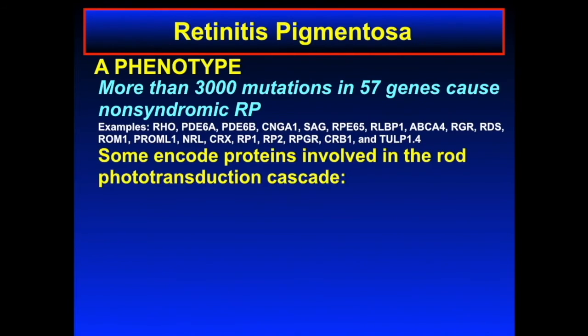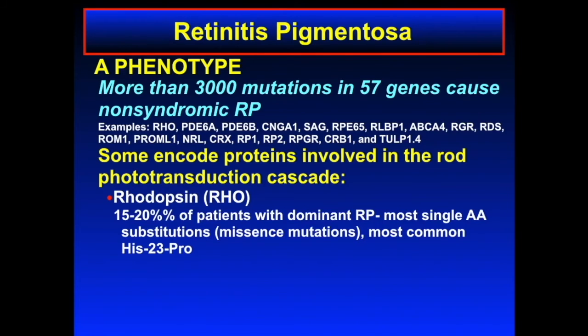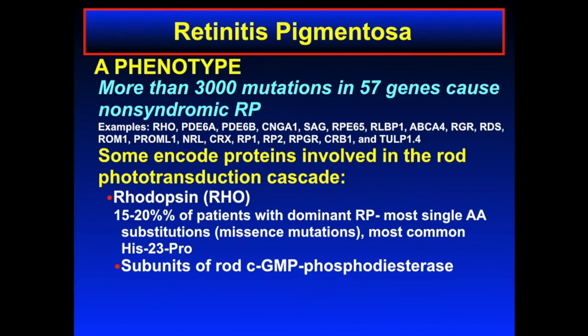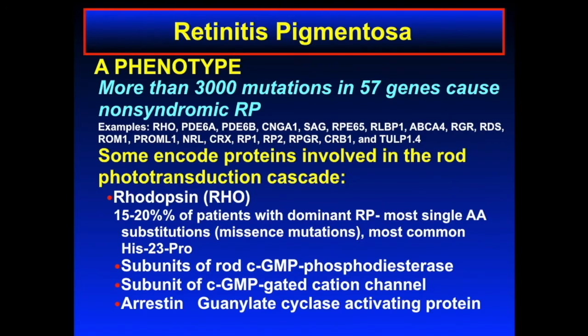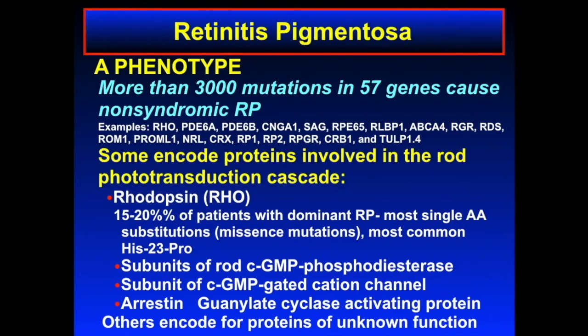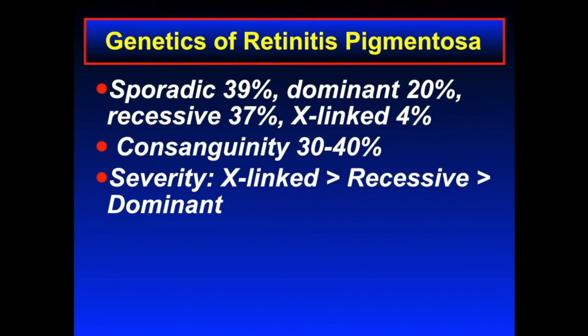Some of these encode proteins involved in rod phototransduction, like rhodopsin, responsible for 15 to 20% of patients with dominant retinitis pigmentosa. And we have things like rod cyclic GMP phosphodiesterase and cyclic GMP gated cation channel, arrestin, guanylate cyclase activating proteins. Some of the proteins involved have an uncertain function.